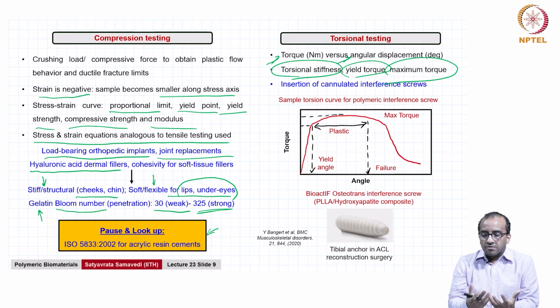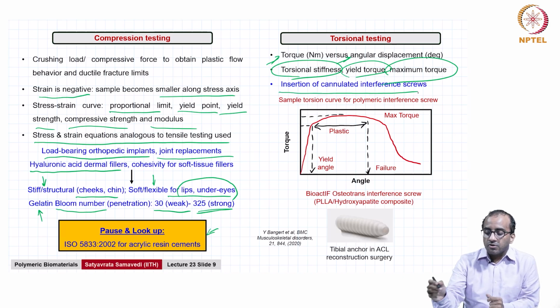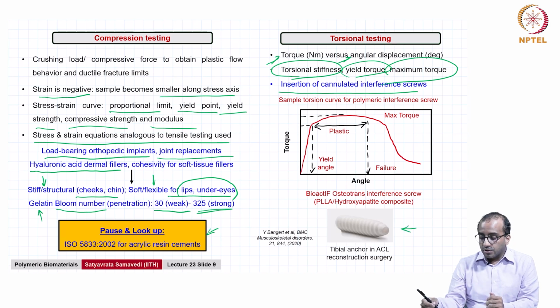Higher torsional stiffness is desirable, and it simply means that it's going to resist deformation, it's going to resist twisting, and that can have very significant consequences for the insertion of cannulated interference screws, such as shown here. This is a tibial anchor used in ACL reconstruction surgery made from PLLA and hydroxyapatite.